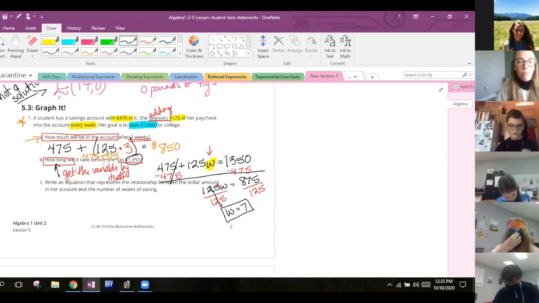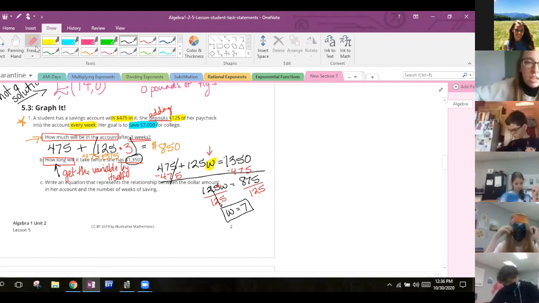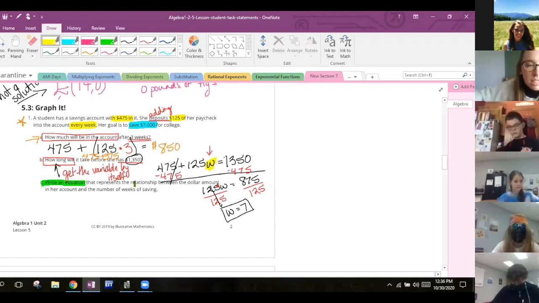Okay, so we've pretty much jumped a little bit ahead for part C, but that's okay because now you'll see that pattern. It says write an equation that represents the relationship between the dollar amount in her account and the number of weeks of saving.